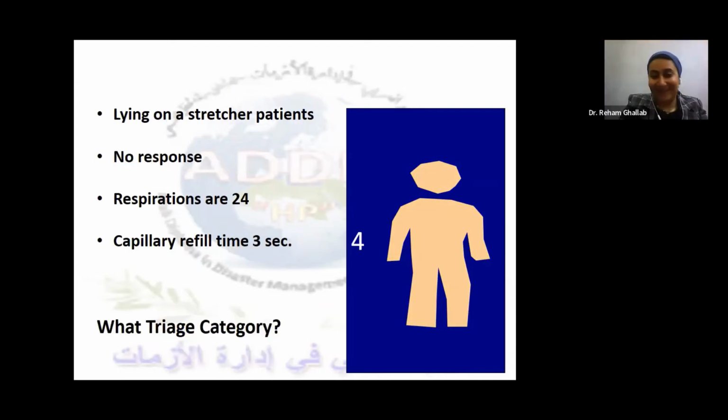I think that is a great idea. These patients, please, I hope you all share with us. When we all share, you can discuss and give the information clearly. This patient lying on a stretcher, no response, respiratory rate 24, capillary fill time 3 seconds.